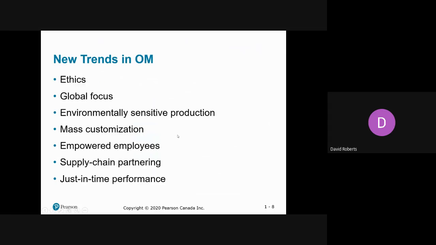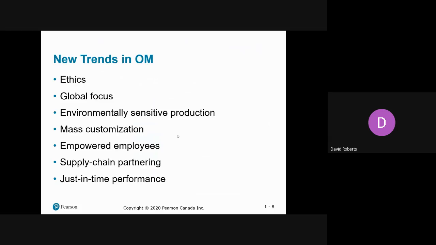Ethics in supply chain is important, and we'll talk about that later in the course. I've already mentioned the fact that supply chain or operations management, I'll use the terms interchangeably, by the way, is very much global. Environmentally sensitive is important. Companies want to be very conscious about their energy footprint, their waste, what types of product, what type of packaging they use.